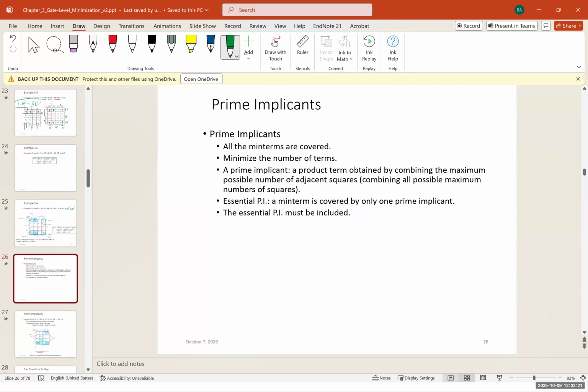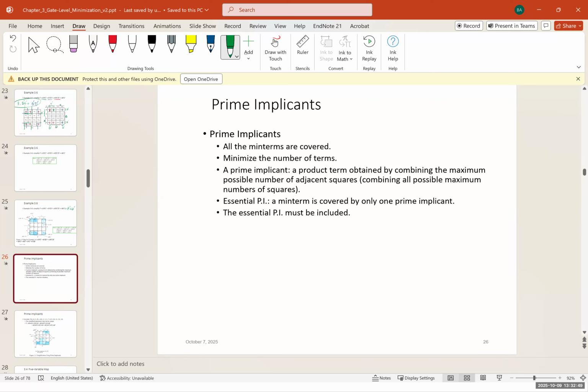Now, prime implicants. In prime implicants, all the min terms are covered. We want to minimize the number of terms. A prime implicant is a product term obtained by combining the maximum possible number of adjacent squares, or in other words, combining all possible maximum numbers of squares.